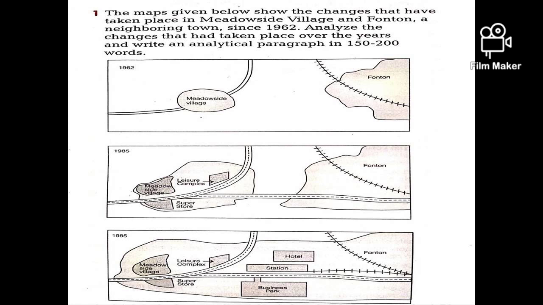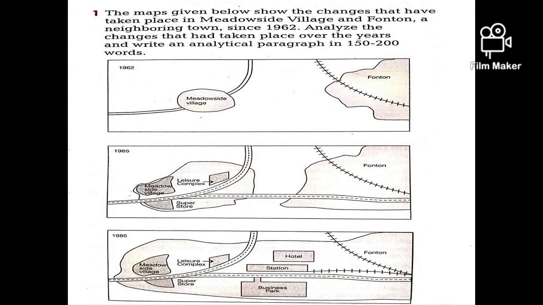And the second map, which is made in the year 1985, shows that there is a road that connects the village with Fontaine. And the third map gives you the picture of the development and how the two regions got merged completely.